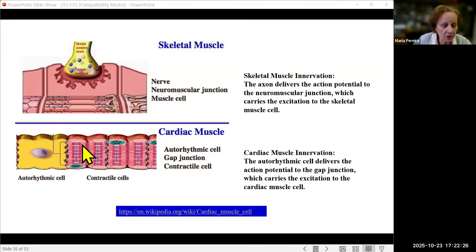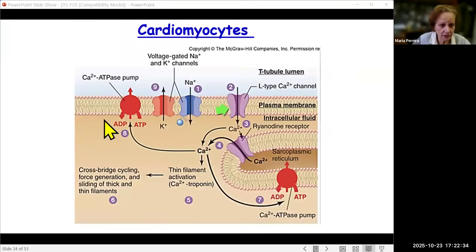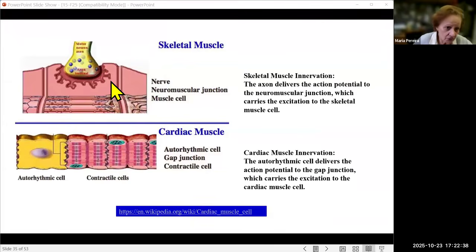But now, because there are gap junctions, the sodium and potassium changes that occur in the sarcolemma of the skeletal muscle only go in and out through channels. Here, the sodium and potassium are transmitted from one cardiomyocyte to another through the gap junctions.